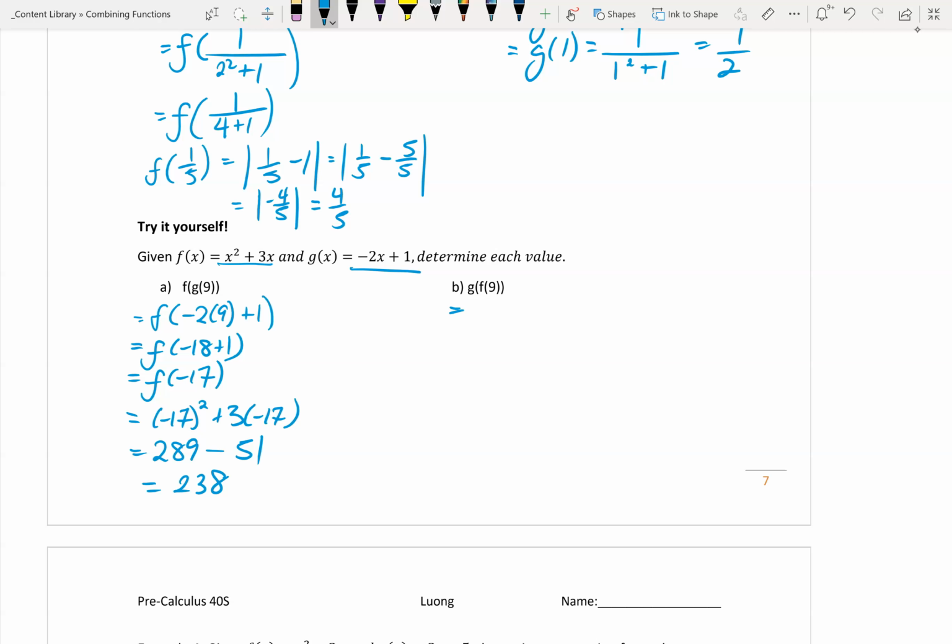I'm going to do something similar for the next one. So f of 9, I'm going to plug the 9 into my f function. So that's 9 squared plus 3 times 9. 9 squared is 81. 3 times 9 is 27. And then 81 plus 27 is 108.